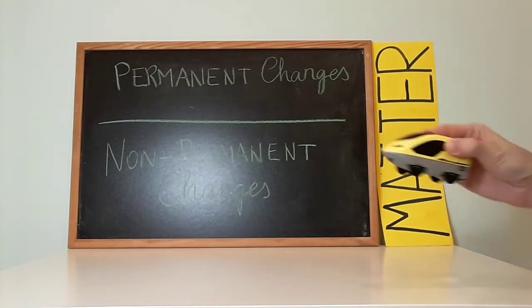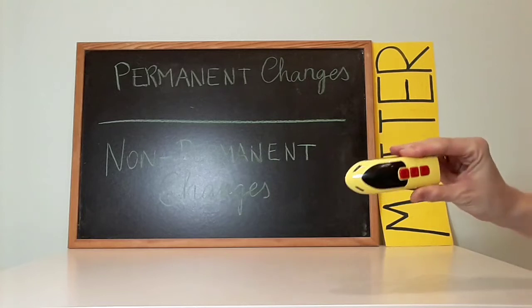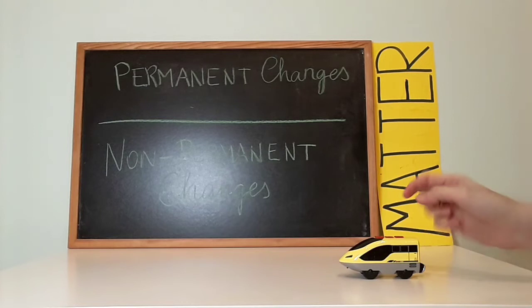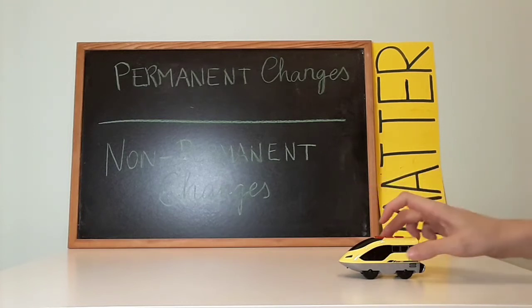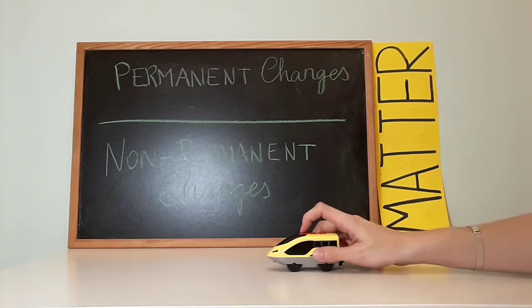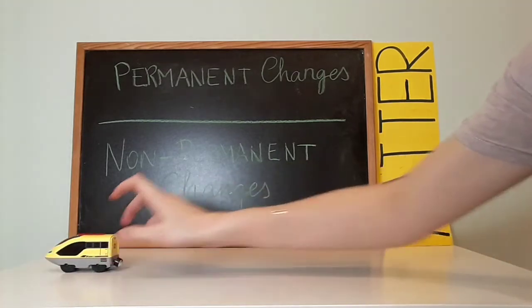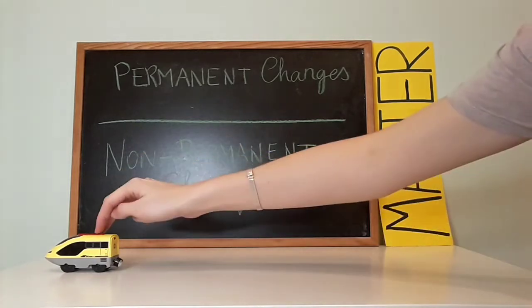So here I have a train. This train is a toy. And we can modify the direction, okay? The direction. Now let's modify the direction.